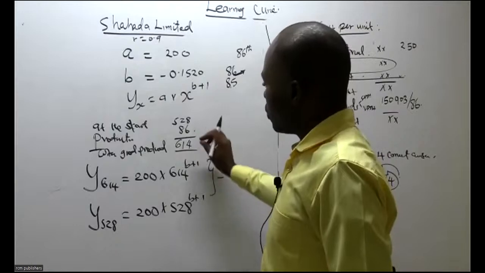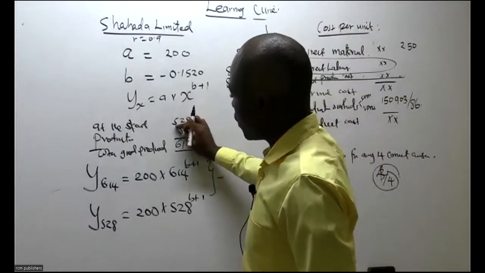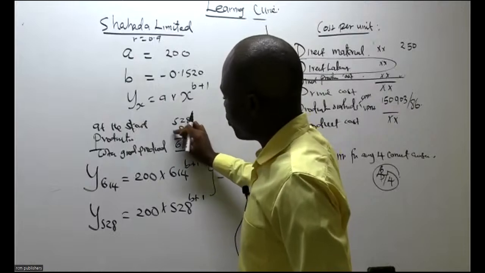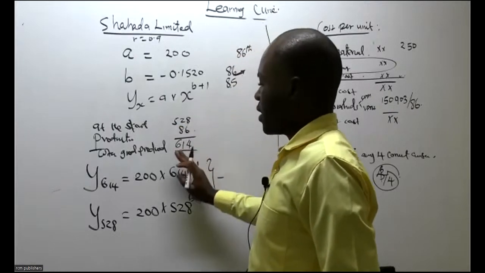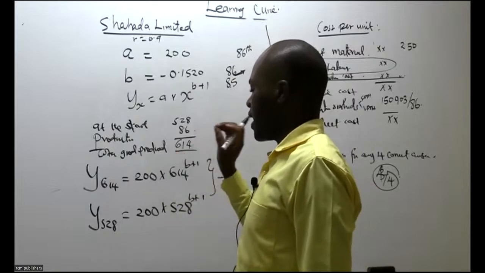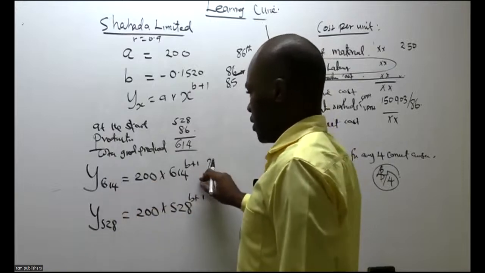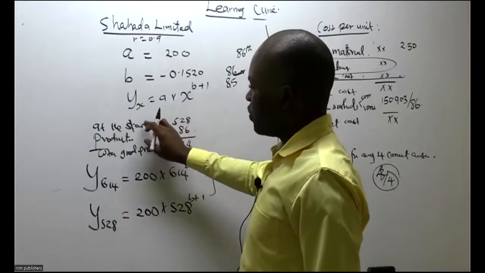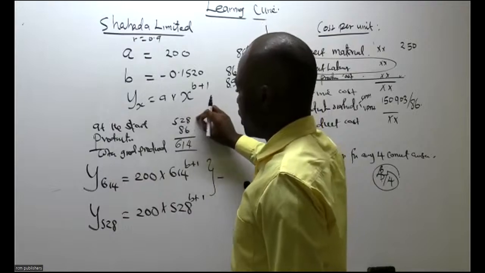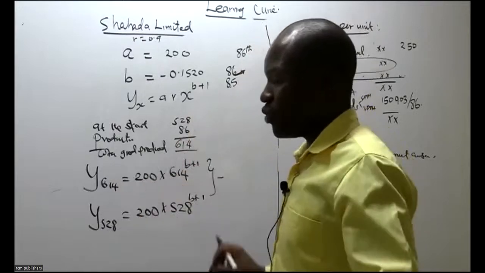Here, we want the total labor hours to produce the 86 units. I take the total of everything, 614, because they are still under the learning curve. Then I less the time taken to produce the first 528. The difference will be for producing the 86 units.